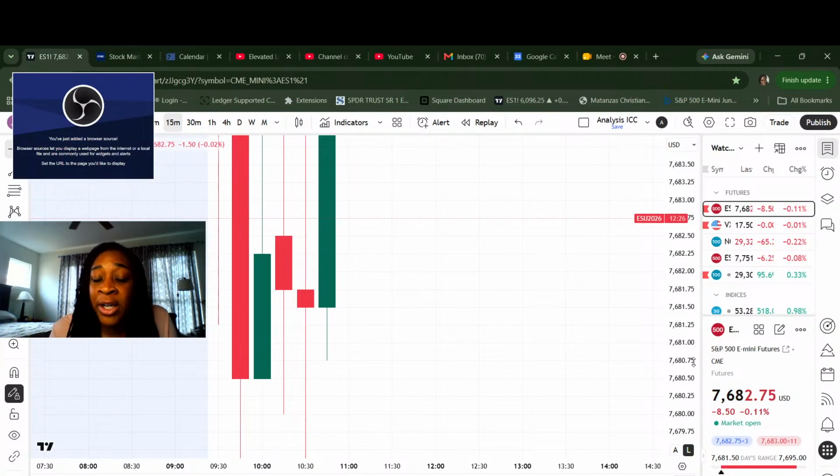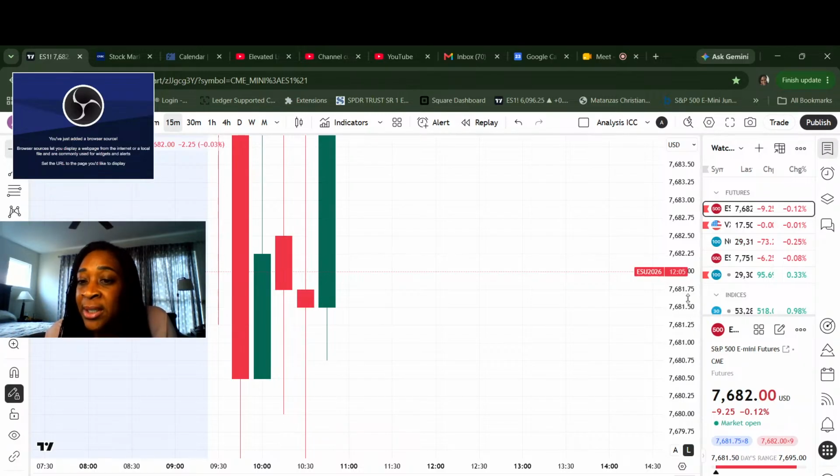In the ES market, which is the mini market, every tick is worth $12.50. Every point has 4 ticks, and each tick is worth $12.50.